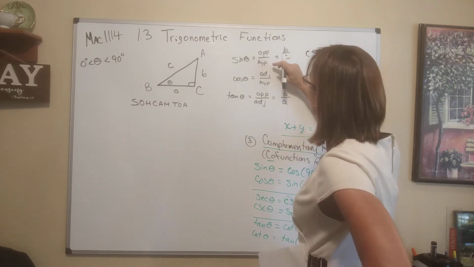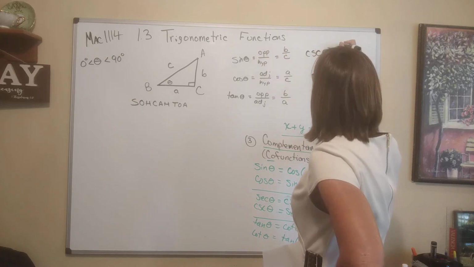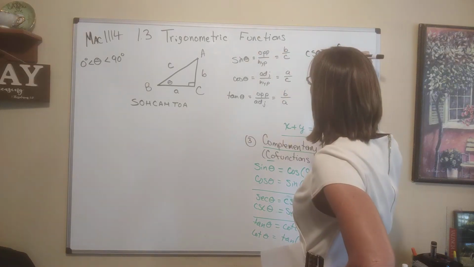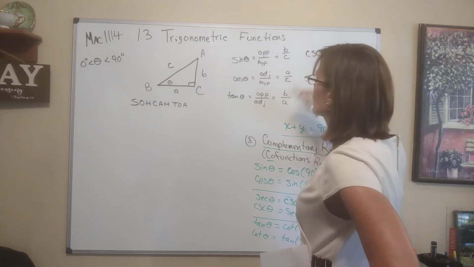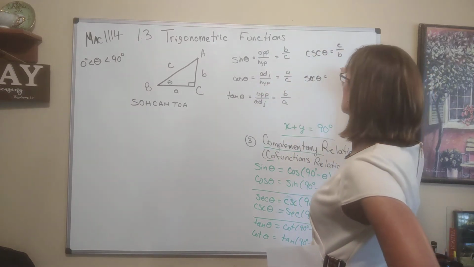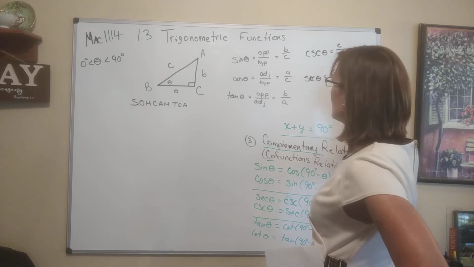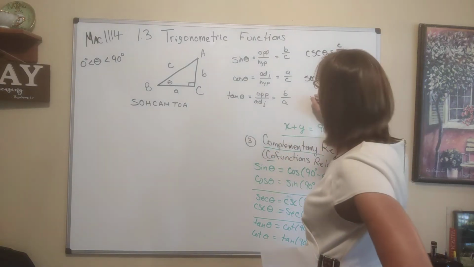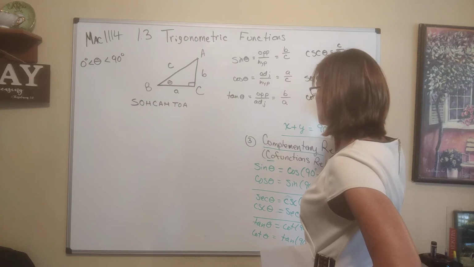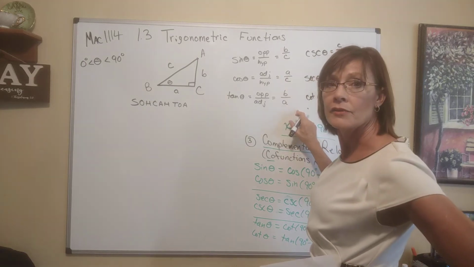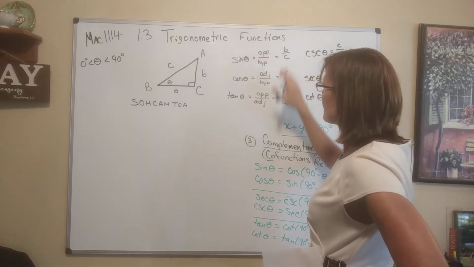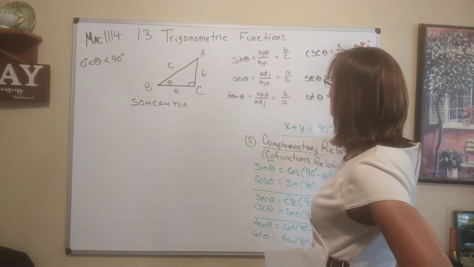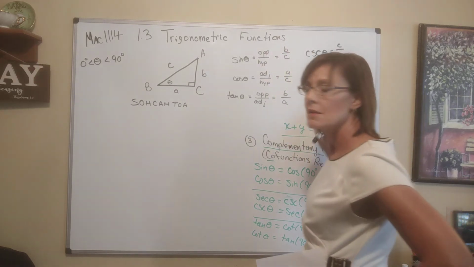So that's going to be hypotenuse over opposite, or in this case, C over B. Secant is equal to the reciprocal of cosine, which is going to be C over A. And cotangent is equal to the reciprocal of tangent, or A over B. So once you have these, it's really easy to come up with these.